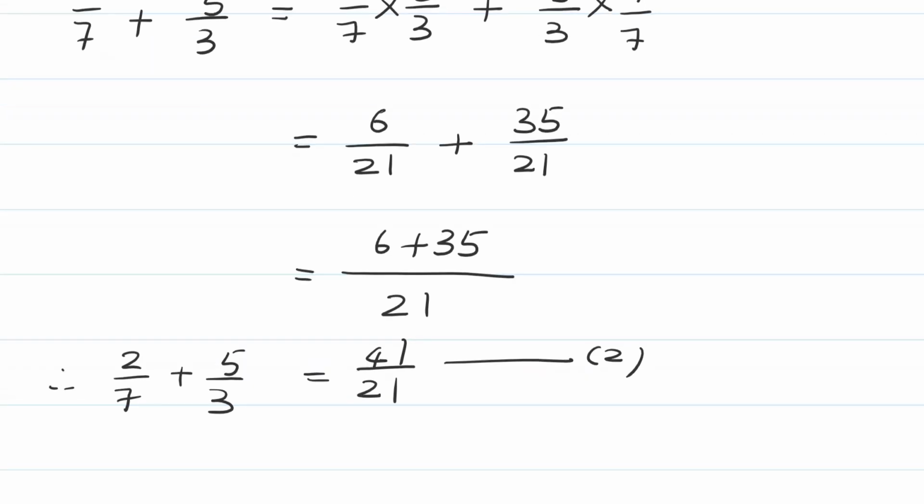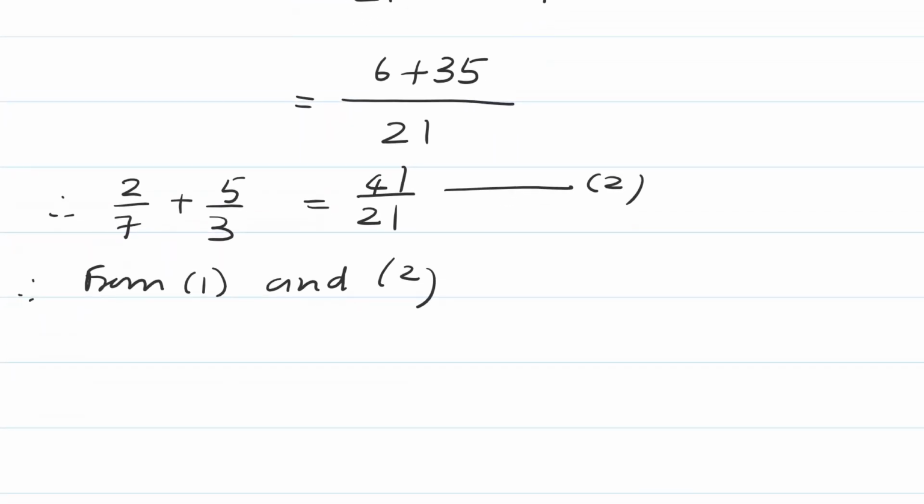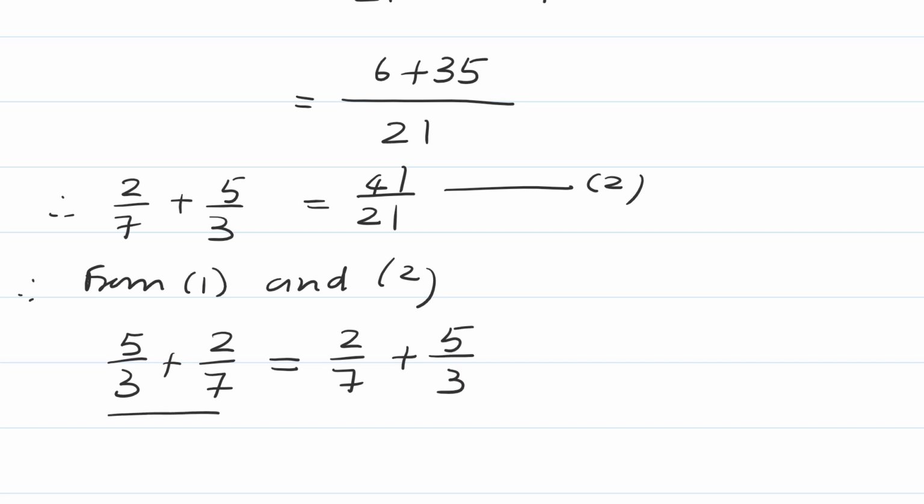So from 1 and 2, 5 by 3 plus 2 by 7, this sum is same as 2 by 7 plus 5 by 3. So here order is not important. We can add two rational numbers in any order, result will be same.